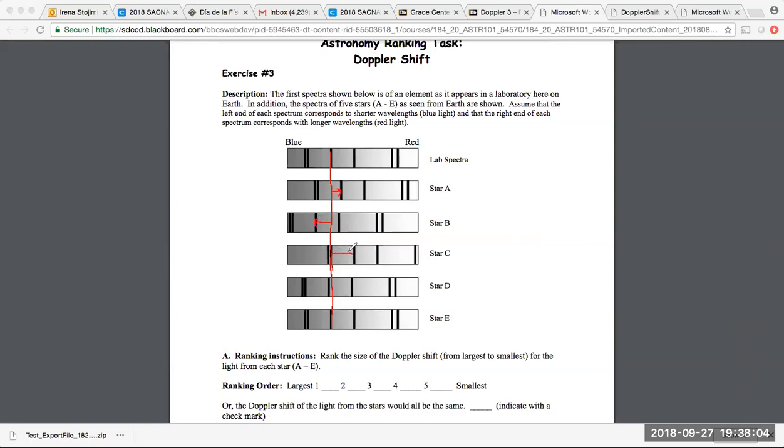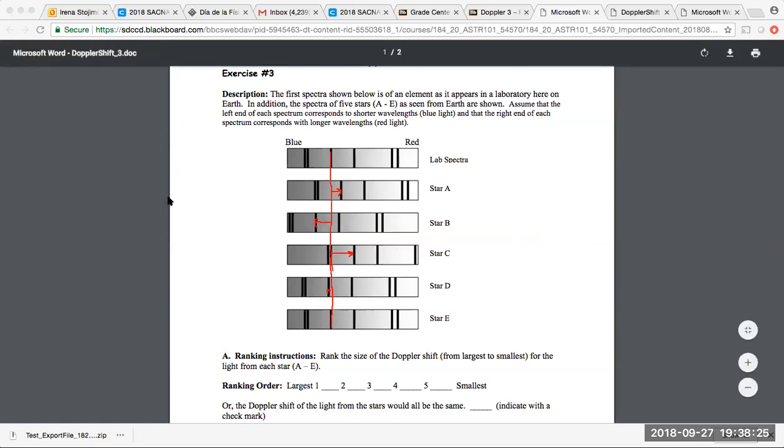Here, it's shifted that much. And here, it's barely shifted, but in that direction, and then no shift. So now it's asking you to rank the size of the Doppler shift from the largest to the smallest. At this point, we don't care if it's moving towards us or away from us. We only care about the size. So which one has the greatest size?